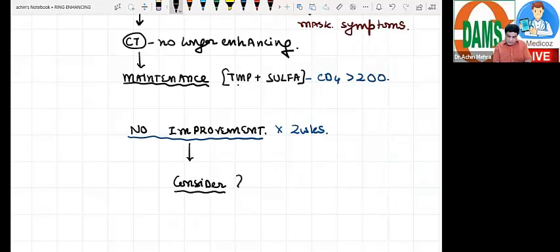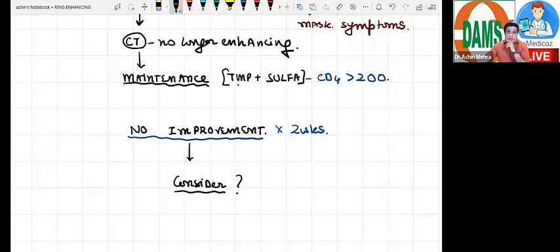Now, I want your answers, because this is a very interesting phenomenon, HIV and all. You must have read it somewhere in microbiology: if in a patient on treatment you don't find any good improvement, then what else should you think about? Any answers? I will give you a hint.